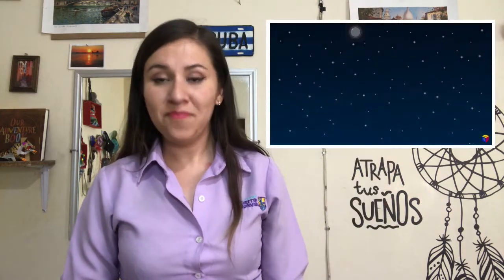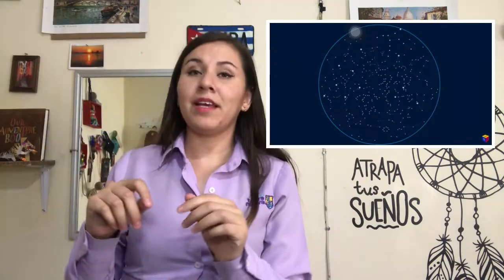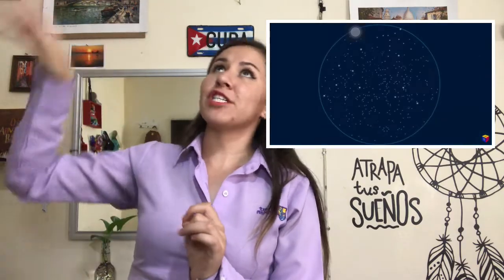are the constellations? Well, let me tell you that in the past, thousands of years ago, the ancient people looked up to the sky and they identified different patterns. So they had a lot of time to watch the sky, and they started to imagine different shapes in the sky with the stars.